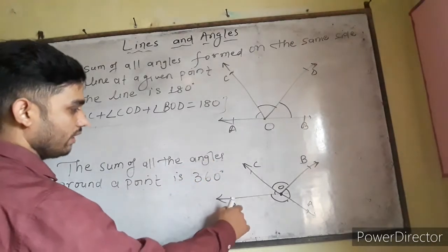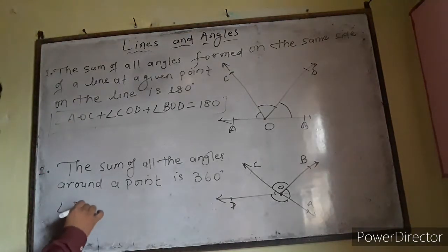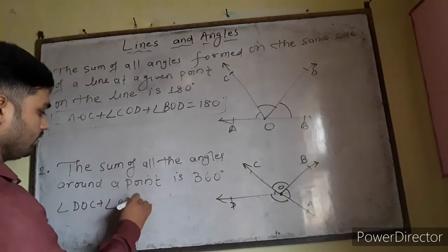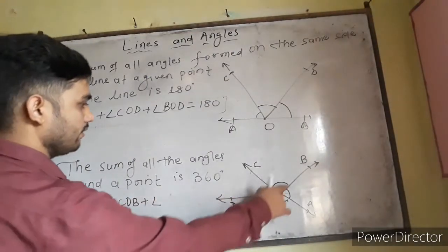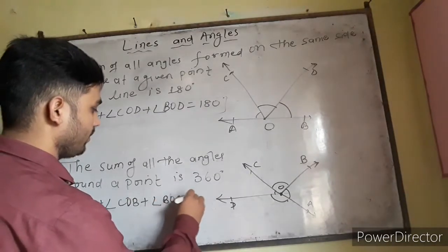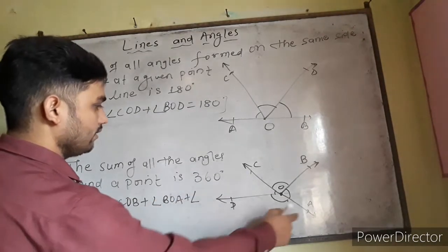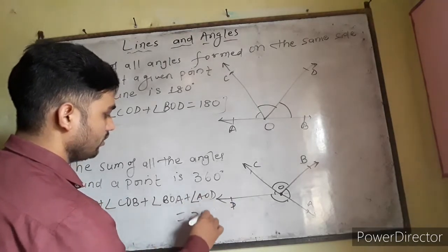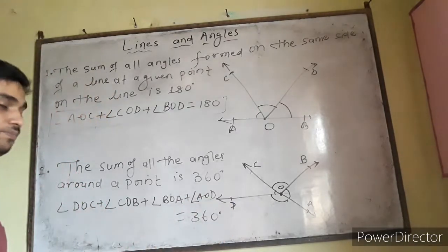We can write angle DOC plus angle COB plus angle BOA plus angle AOD is equal to 360 degrees.